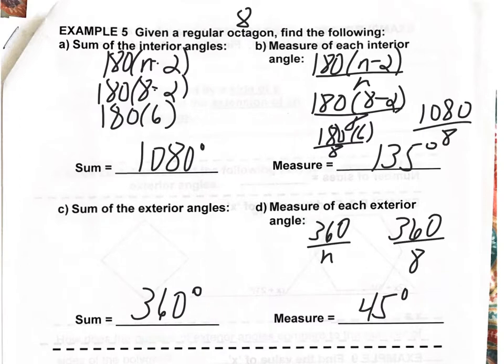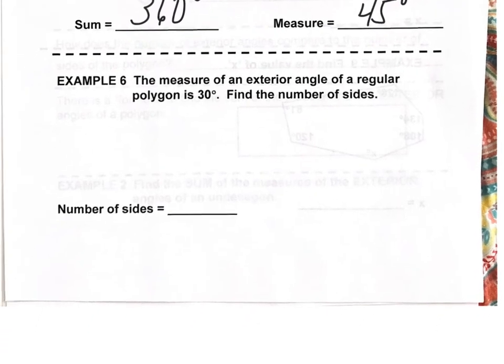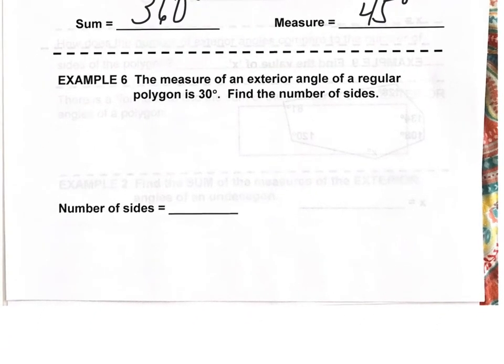Now let's go on down and look at example 6. It says the measure of an exterior angle of a regular polygon is 30 degrees. We want to find the number of sides. So this is when we do it backwards. Remember, it's 360 divided by n. So we take 360 divided by n and set it equal to 30.